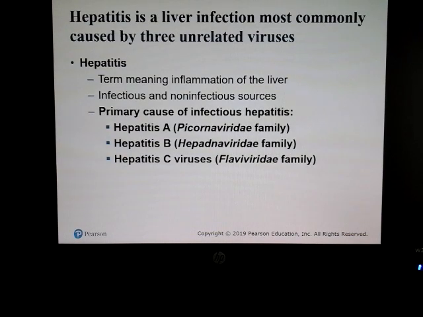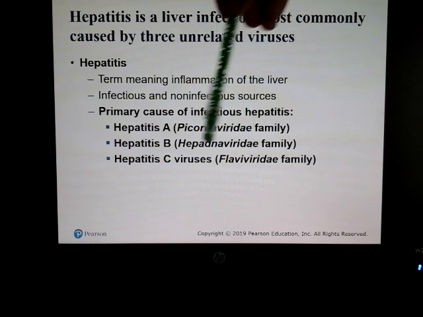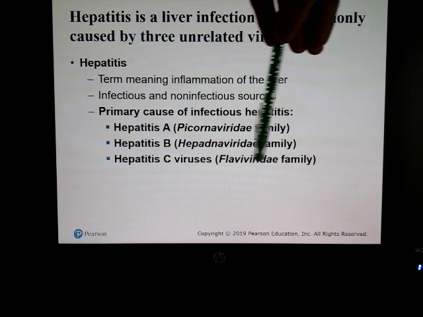Now, hepatitis, first of all, actually means inflammation of the liver, and it can be caused by infectious and non-infectious sources. Now, the three primary causes of infectious hepatitis are hepatitis A, B, and C. Now, one of the things that you guys should notice here is that the family names for these are different.